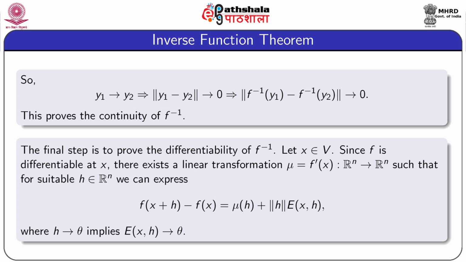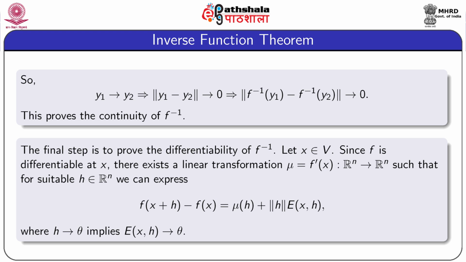This implies the norm of f inverse y1 minus f inverse y2 approaches 0. So, this proves the continuity of f inverse. Now, the final step. In this we are going to prove the differentiability of f inverse.